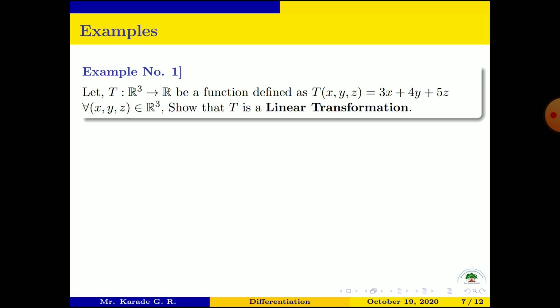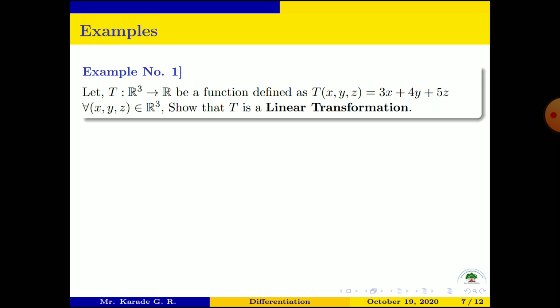So first of all we understand the problem. Here one function is given, and that function T is a function from R3 to R, and it is defined like this: T of x comma y comma z. So T is operating on points in R3, so it has three components x, y, z.